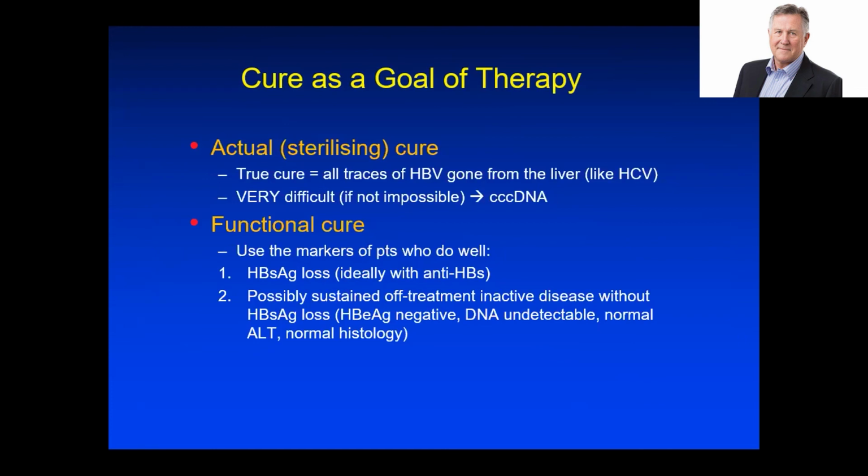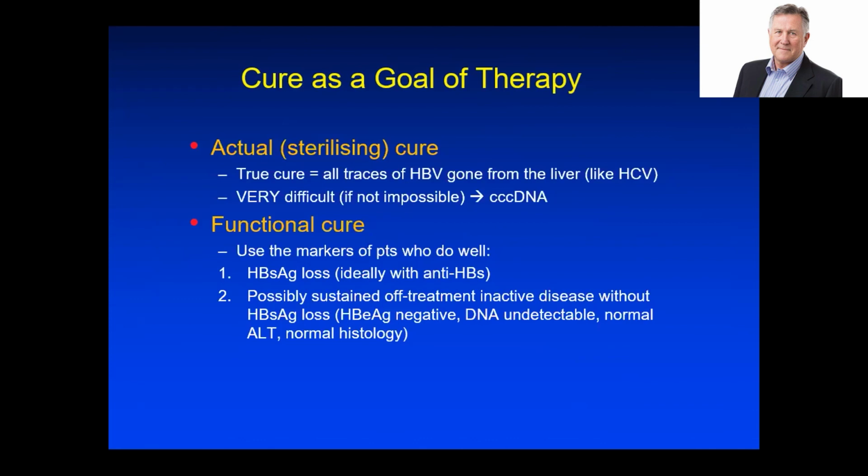What we can do, however, is look towards a functional cure. And remember, I told you that about 1% per year of patients lose surface antigen. That is what we define as a functional cure. That is much more realistic. So what we aim to do, and this is where the current research and new therapies are heading towards, is we're looking to achieve an S antigen loss, ideally with surface antibody acquisition, but not necessarily, at least an S antigen loss.